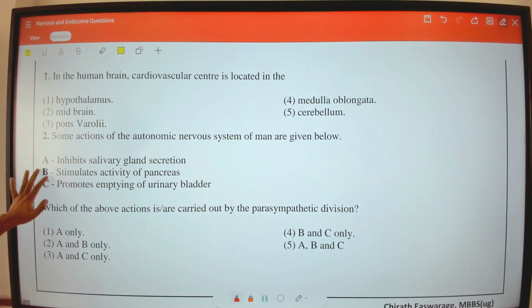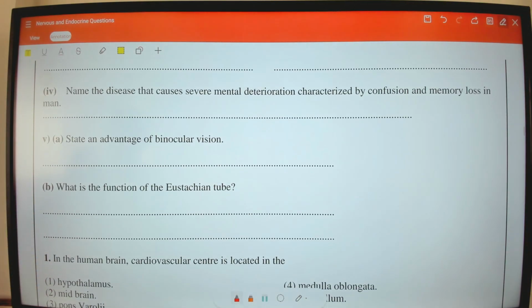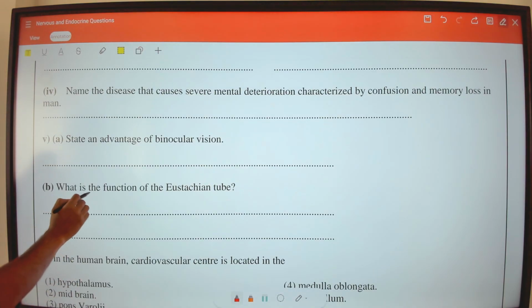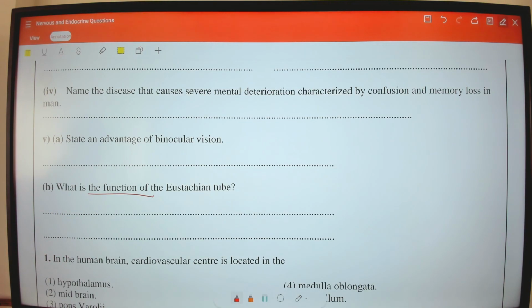Yes, I think one or two structured essay questions. What is the function of the eustachian tube? One moment. Okay. What is the function of the eustachian tube?